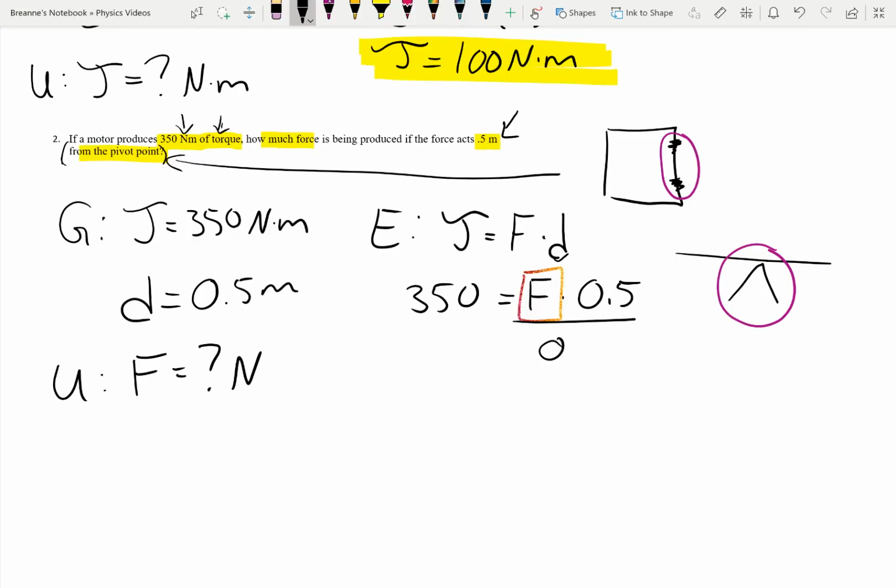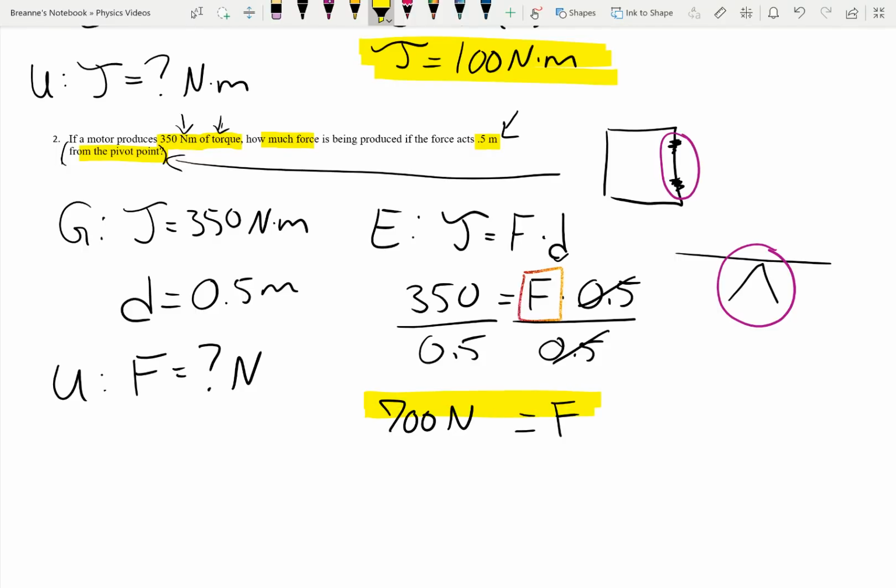It's being multiplied, so the opposite of multiply is divide. And what you do to one side, you have to do to the other. That cancels out, so that leaves our force by itself. So then you just plug in your handy dandy calculator, 350 divided by 0.5, and that'll give you 700 newtons. And that is our answer.